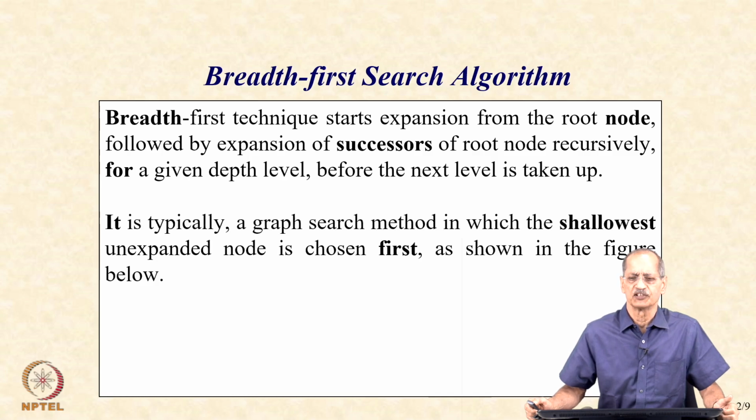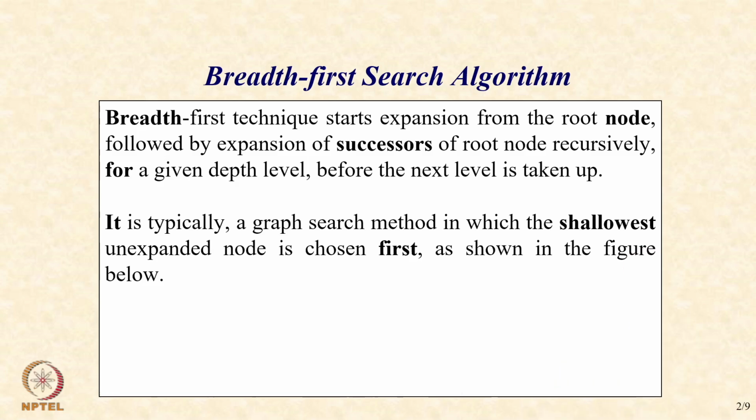Essentially, we are looking at this problem from a two-dimensional tree search perspective. However, this is also typically what we call a graph search method, in which the shallowest unexpanded node is chosen first, as shown in the figure below.